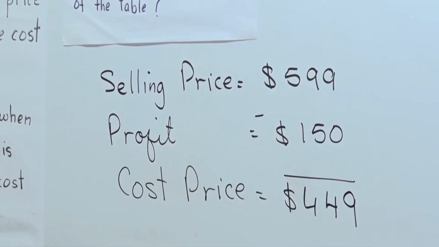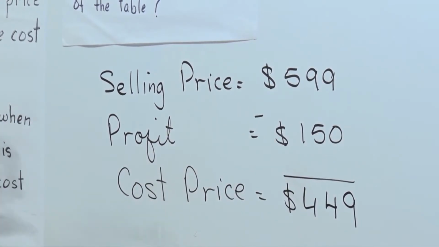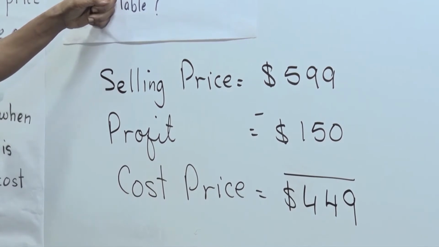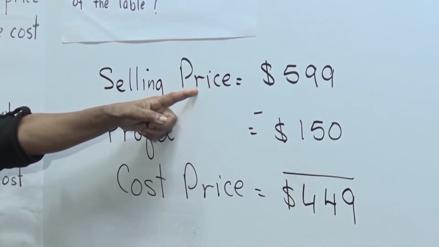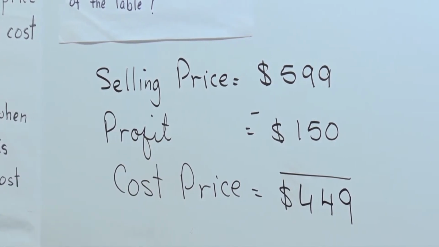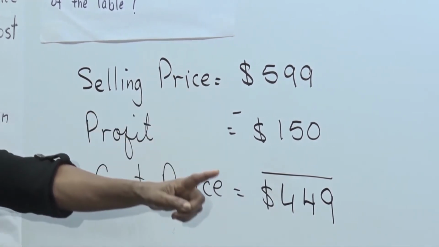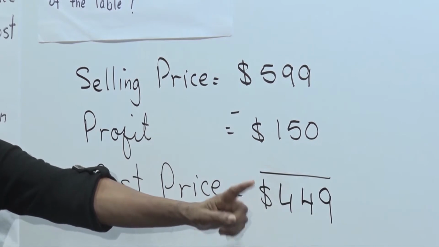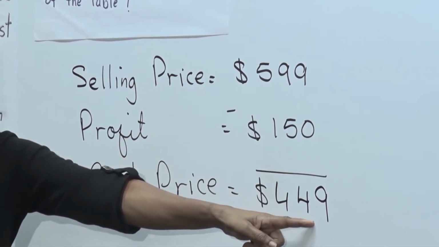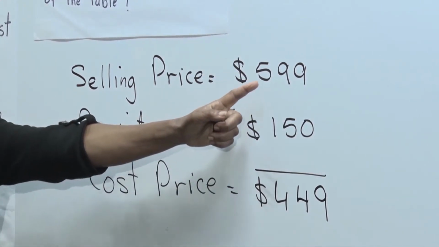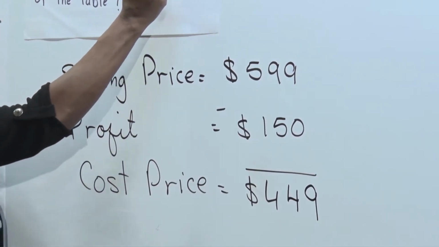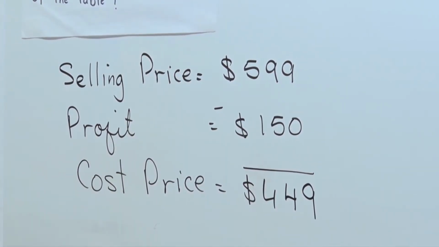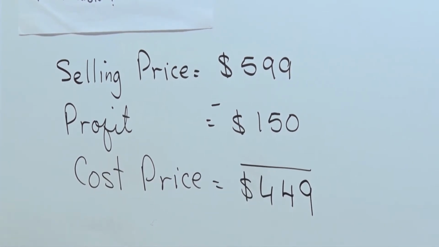Therefore, did the store owner make a profit? Yes. Why? His cost price was less than the selling price. Or in other words, he sold it for more than he paid for it. It cost him $449, but he sold it for $599, thereby making a profit of $150. So you have to read your questions properly.